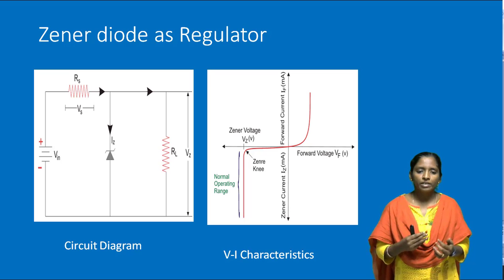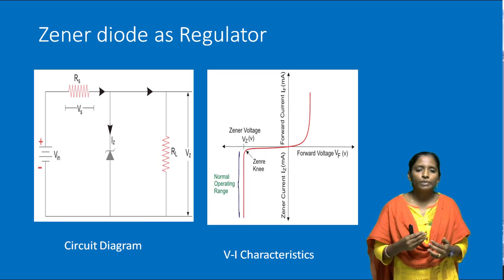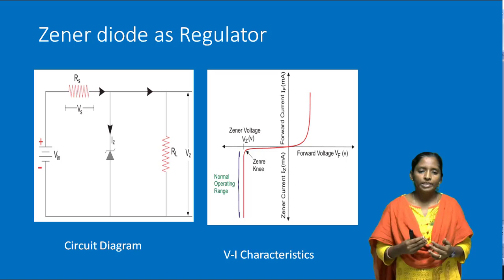In reverse bias, we take reverse current on the y-axis in milliamps and reverse voltage in volts on the x-axis. Until the knee voltage or Zener voltage, the current flows due to minority charge carriers.